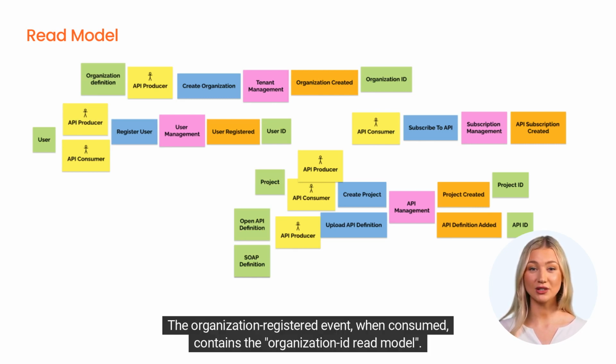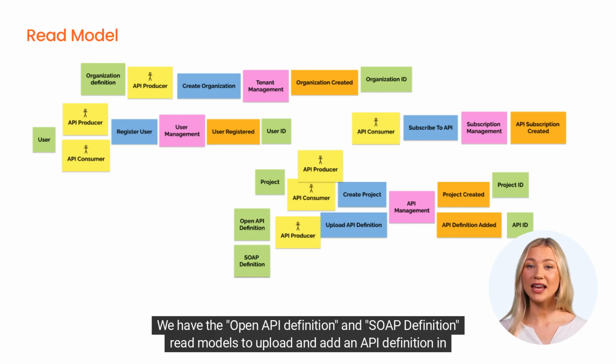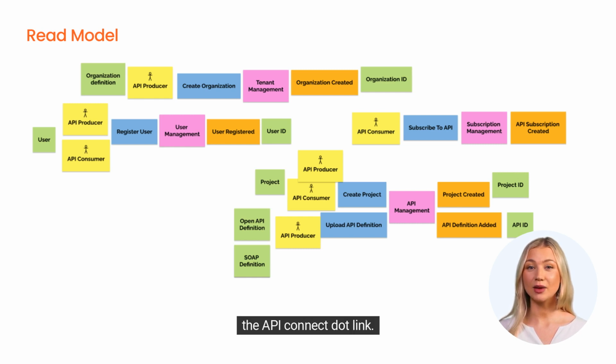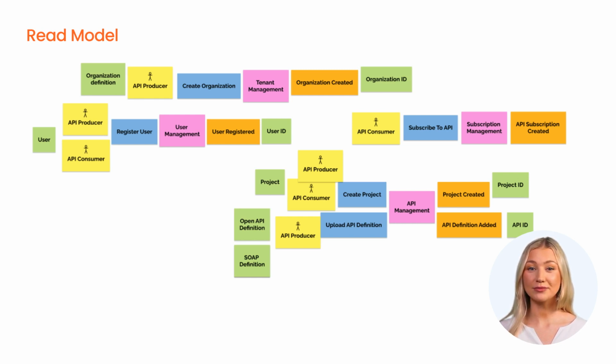The organization registered event, when consumed, contains the organization ID read model. We have the Open API definition and SOAP definition read models to upload and add an API definition in API Connect.link. And for project creation, we have the project definition read model.